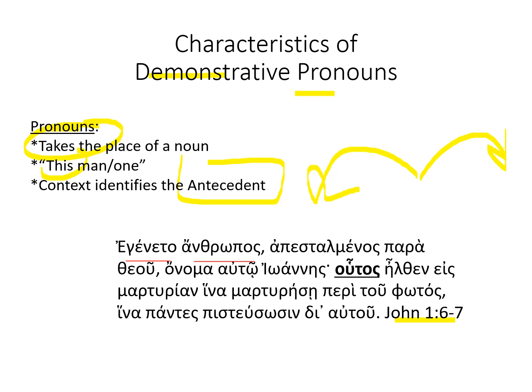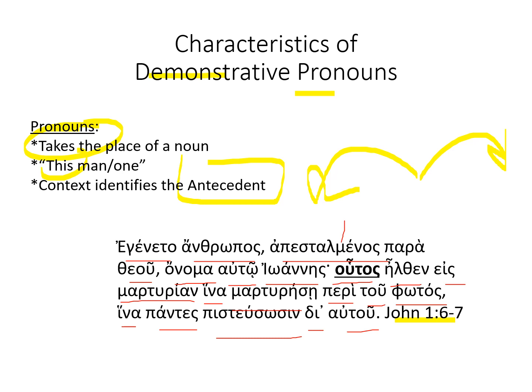Egeneto anthropos apostalmenos, these participles here with no connecting vowel, apostalmenos, a little harder to pronounce, para theou, onoma autou Ioannes, houtos elthen eis marturian, hina marturese peri tou photos, hina pantes pisteusosin di autou.